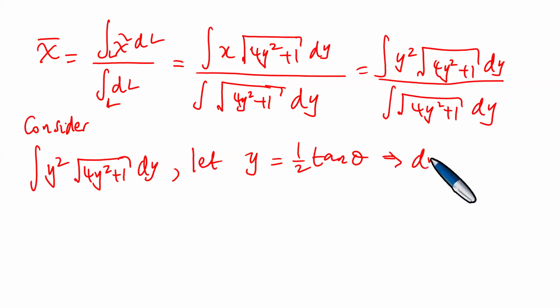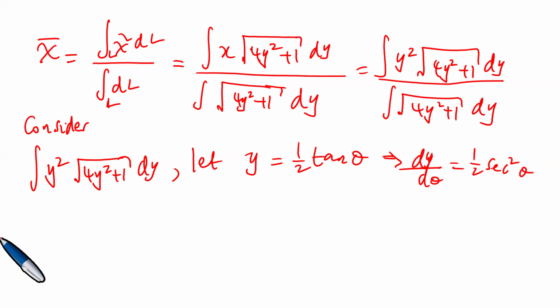This means whenever we have dy d theta, it is 1/2 the secant squared of theta, which means that now at this point, we're able to get what we actually need.